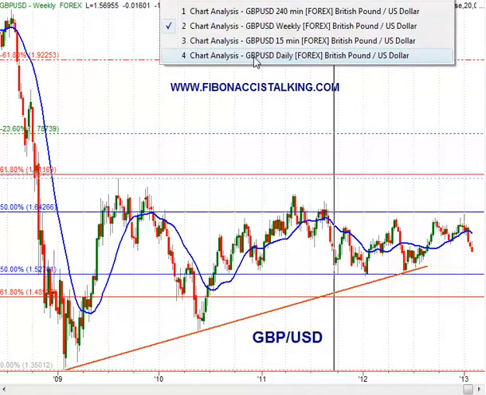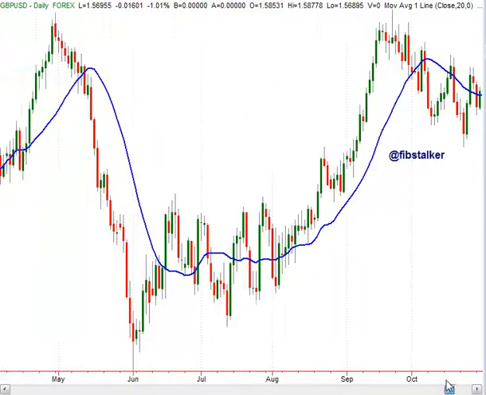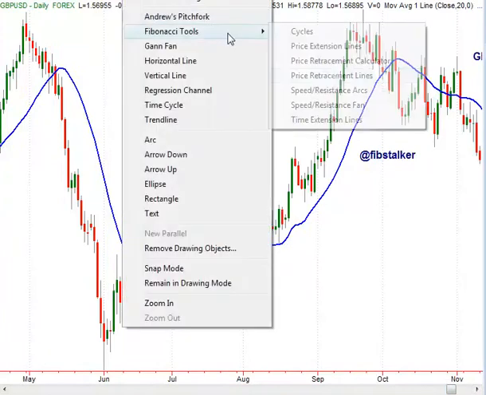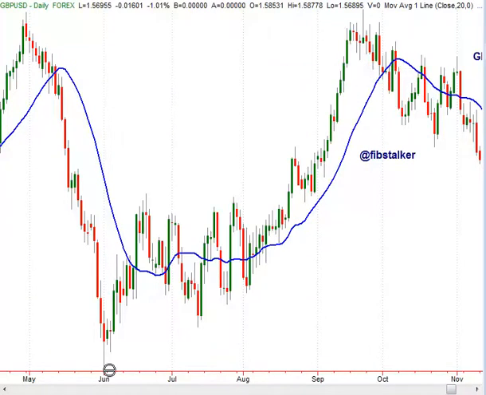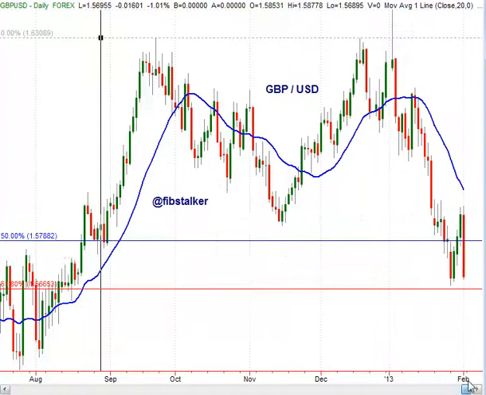Let's move to the daily and let's see what we have here. On the daily, we have been watching lately this level of support, although it was not respected. The actual level of support, which is the 50% here at 157.80, was not respected, as we can see here.